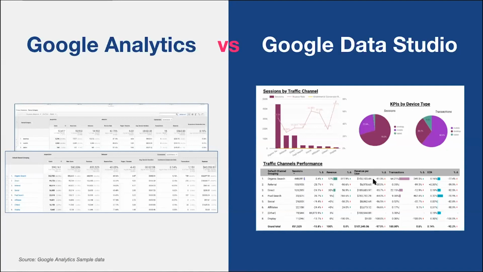These charts and tables use information from Google Analytics sample data. It's accessible in every Data Studio report when you start to build it. So there is nothing to hide.